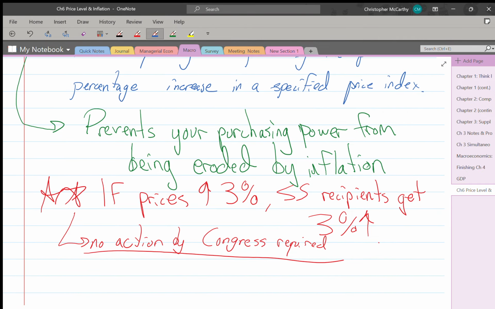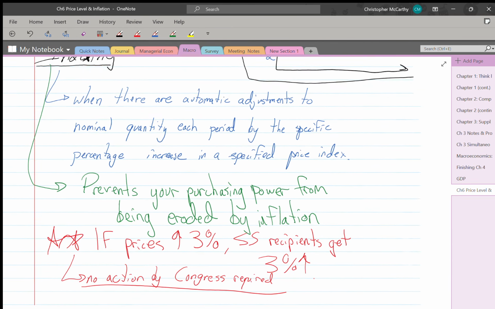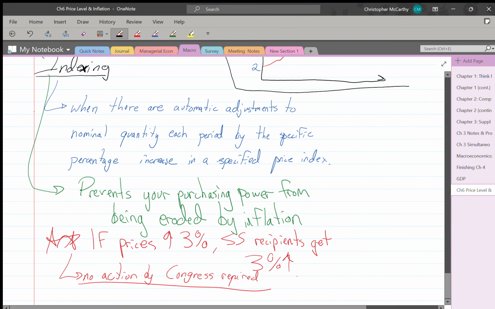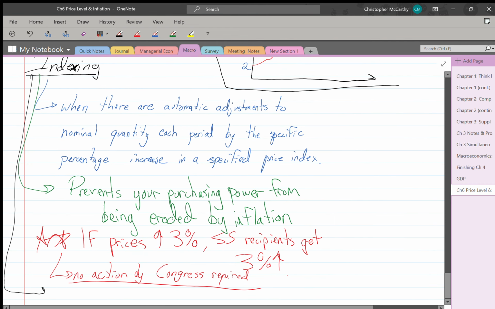And depending on different jobs and things like that, right? If you move somewhere, or if you have some long-term contract, there's indexing in labor contracts. Not really, though.